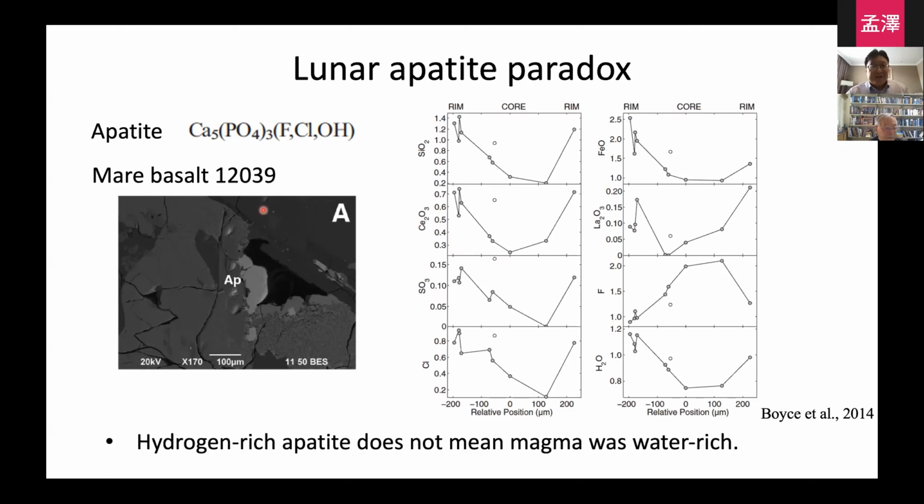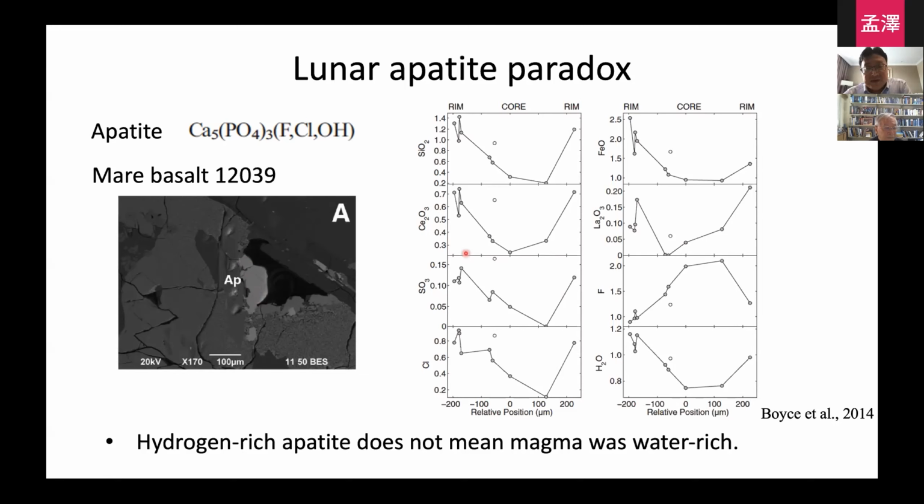They showed this here, with apatite in mare basalt 12039. As we can see, all these element profiles. They did carry out profile analysis along this apatite grain.